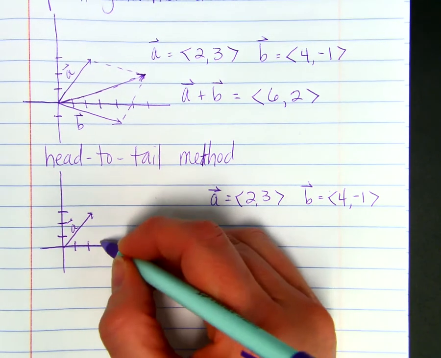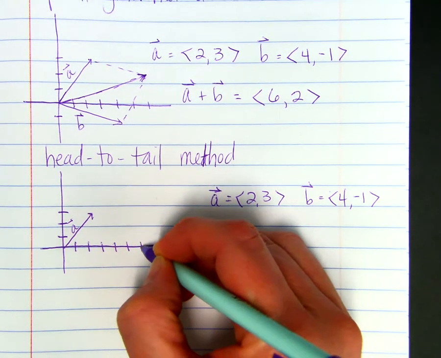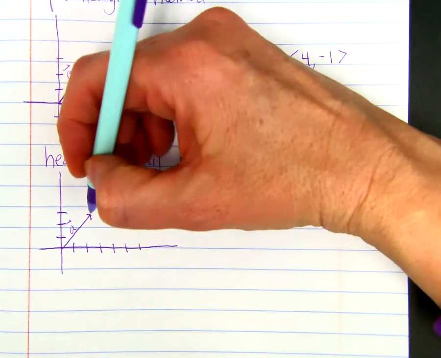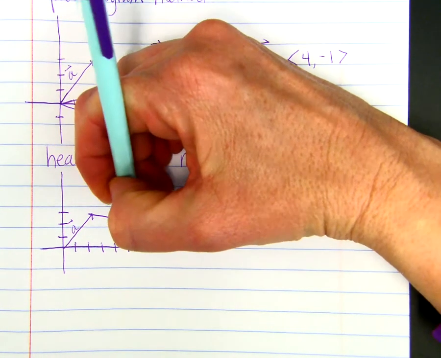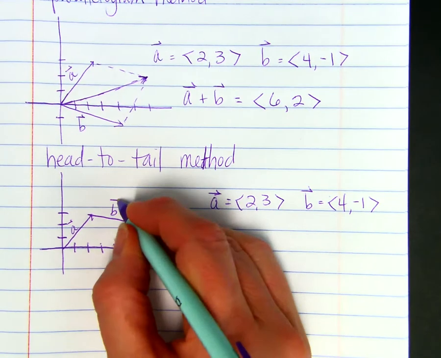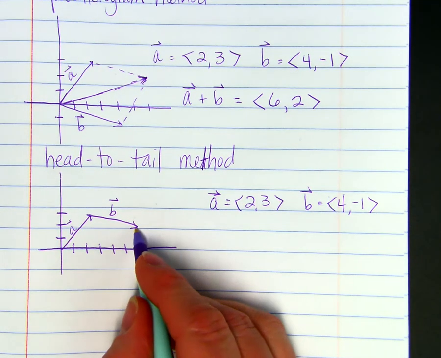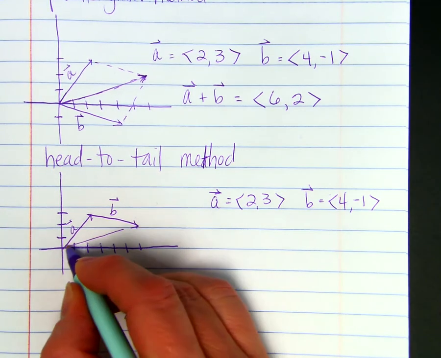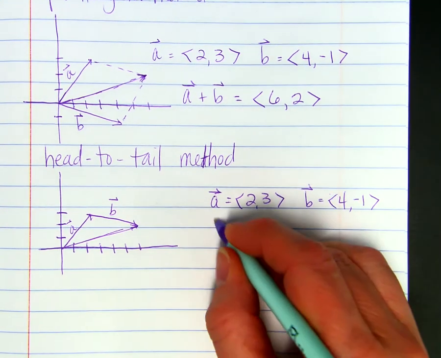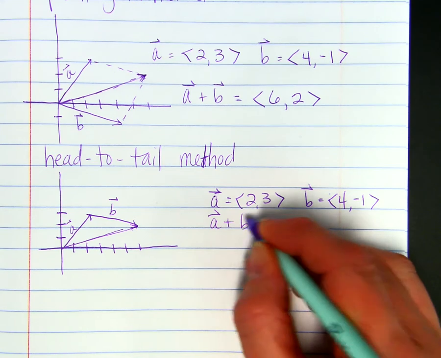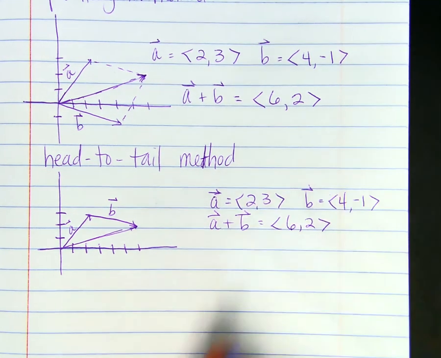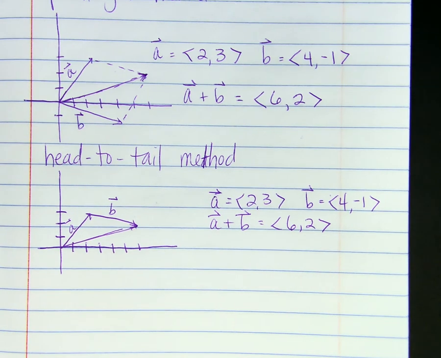So from here we would go over 4 and down 1, and that's your vector B, and there's your addition, would be at the 6, 2. So that's called the head to tail method.